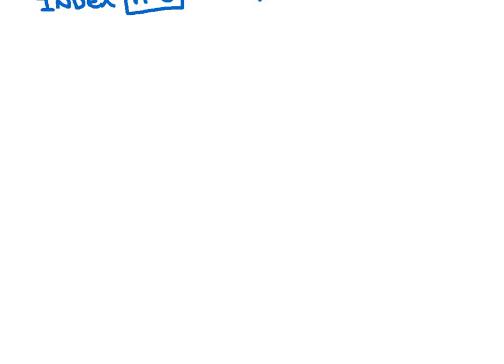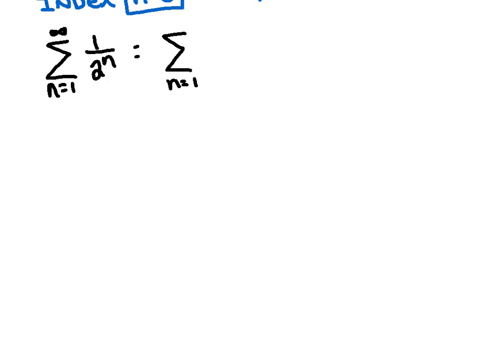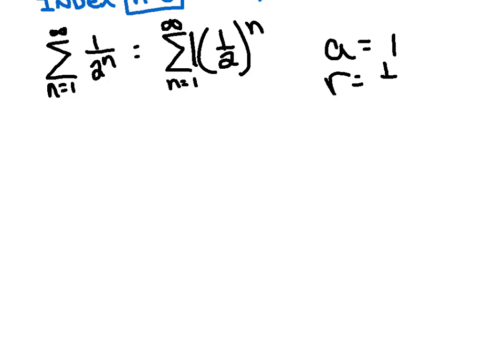In fact, the example we just did a short little while ago, even though it actually started at 1, was 1 over 2 to the n, which we could rewrite as 1/2 to the nth power. Okay, that was actually a geometric series, even though we didn't identify it by name. The a value is 1 because there's really no other number there. The common ratio is 1/2. Basically, whatever is being raised to the nth power is your r value.